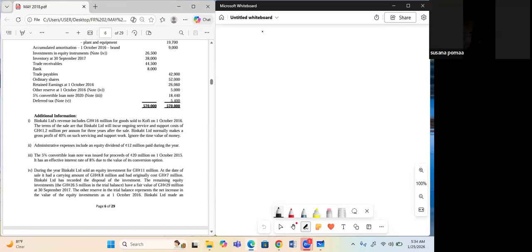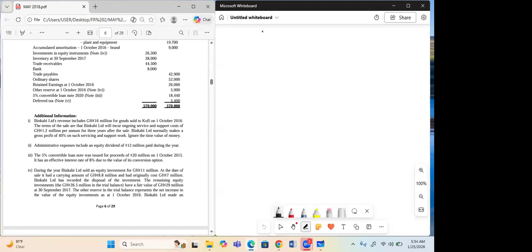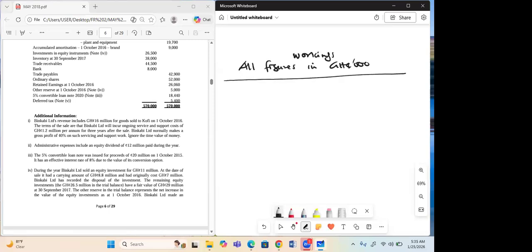So let me do the workings here. Working 1: the deferred revenue, the advance one.